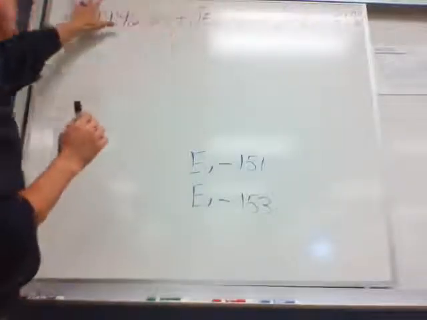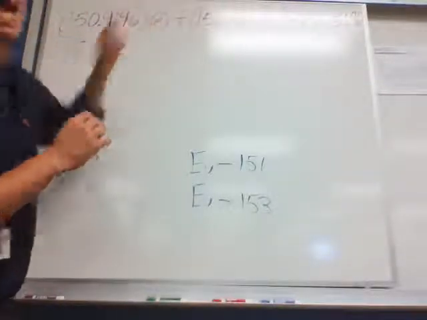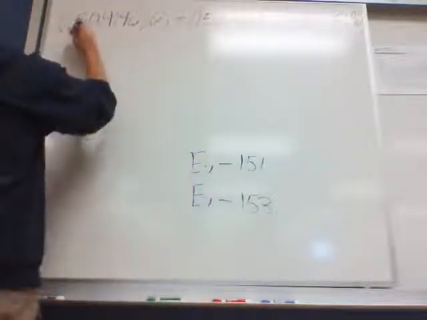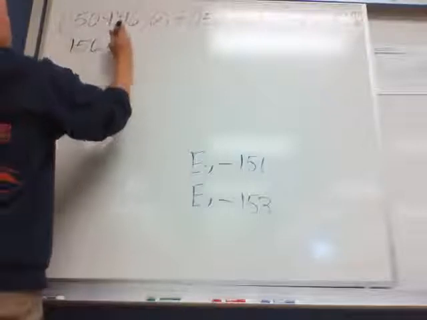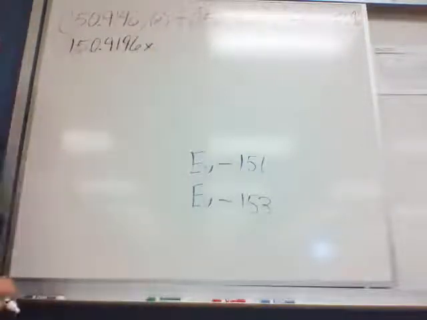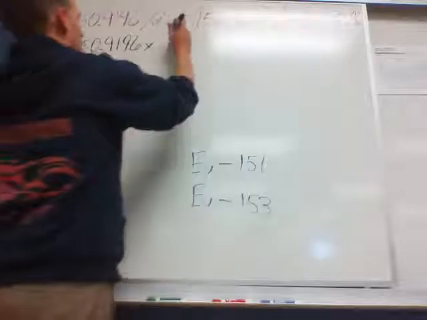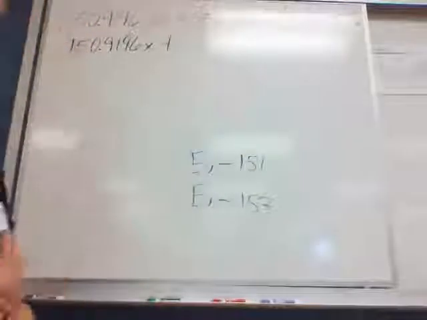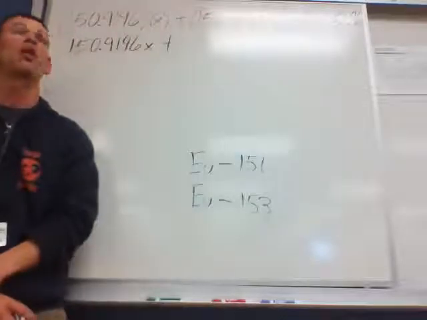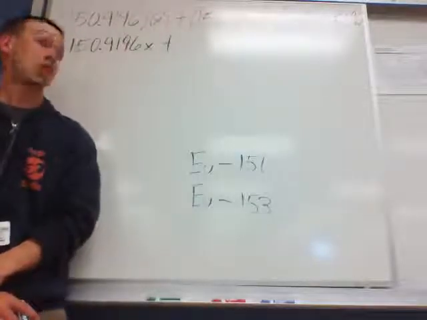I see multiplication here. A number times x is that number x. So I'm going to get 150.9196x as I simplify that first part. Plus, hey, there's a different mathematical property in the next section. What's that one called? The distributive.